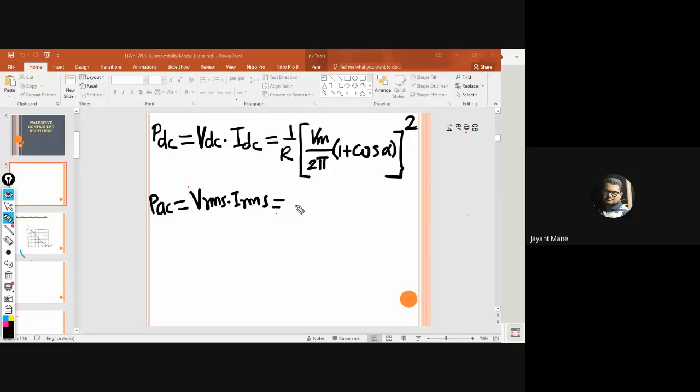So that also is Vm square by 4 pi R outside the bracket and into bracket pi minus alpha plus sine 2 alpha by 2.